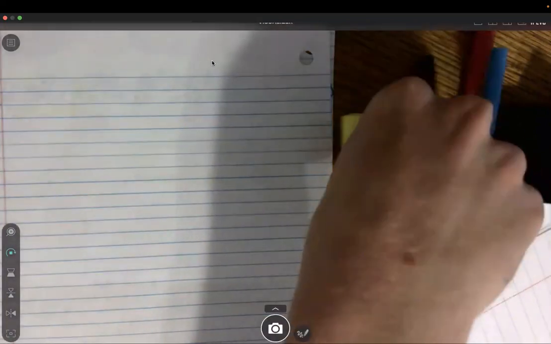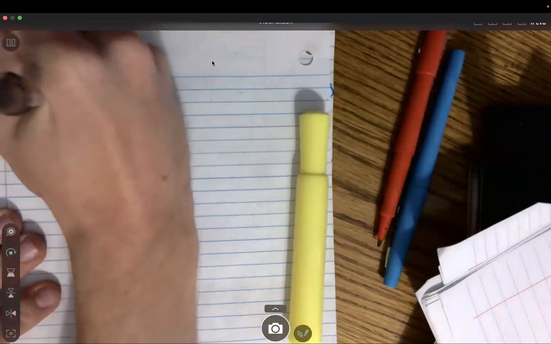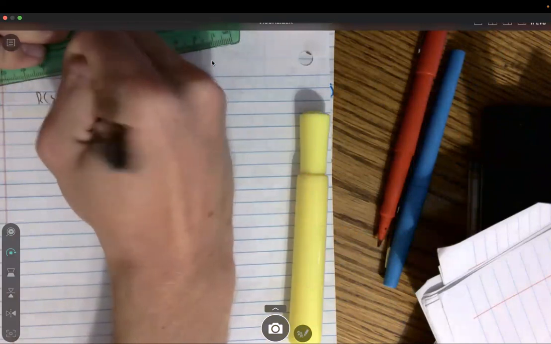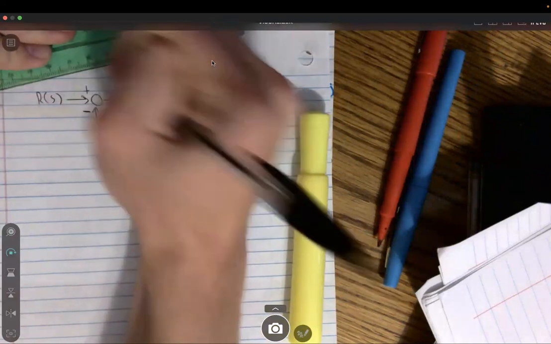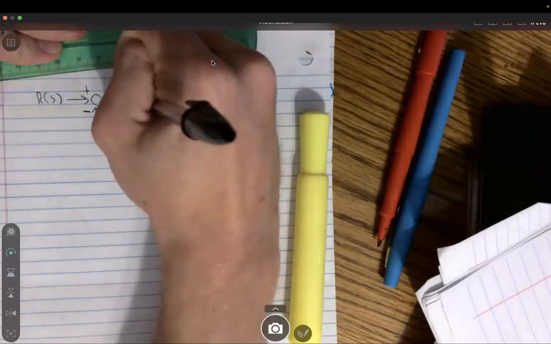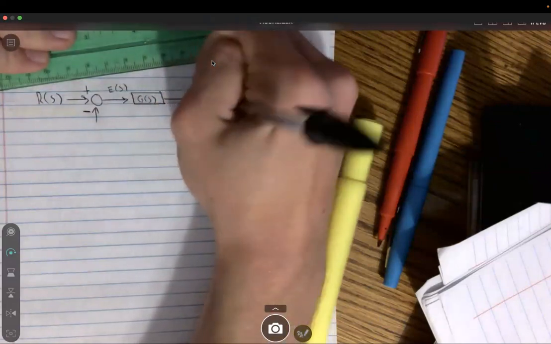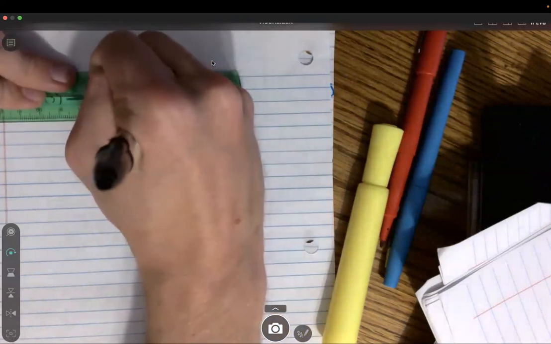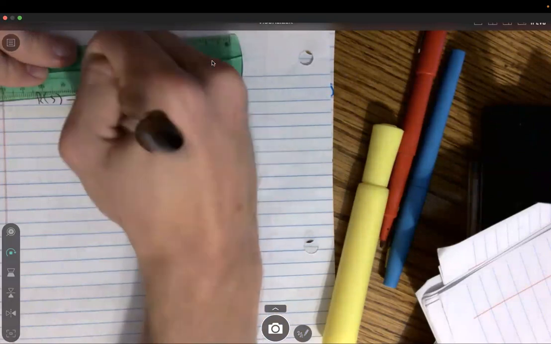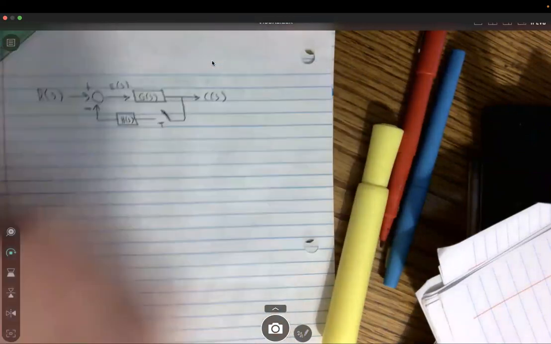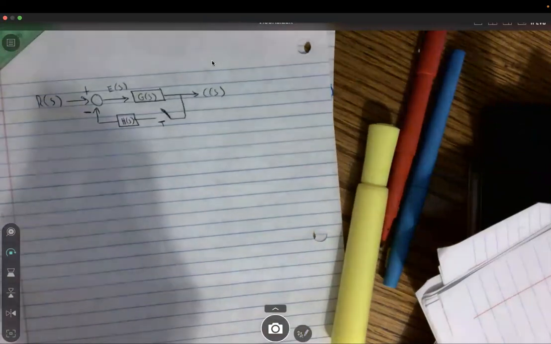So we're going to have our R of S coming into a summing block, with a minus here because it's feedback, and this is our E of S. Then we have our transfer function G of S, which goes to the output C of S. Then we have a sampler here, and then it's H of S. This is our sampler; every time T, it's going to sample. So we need to find C of S.